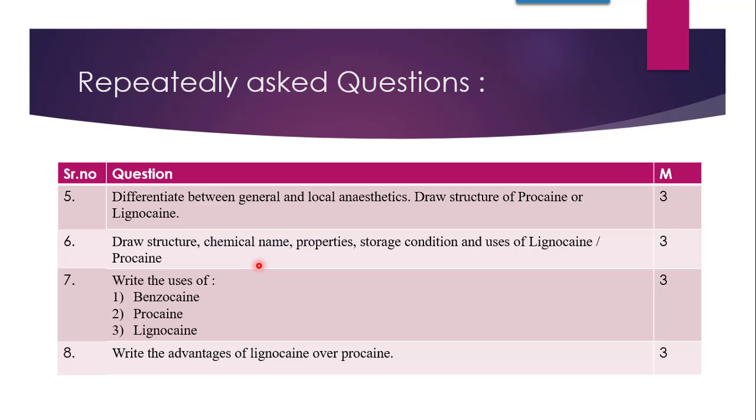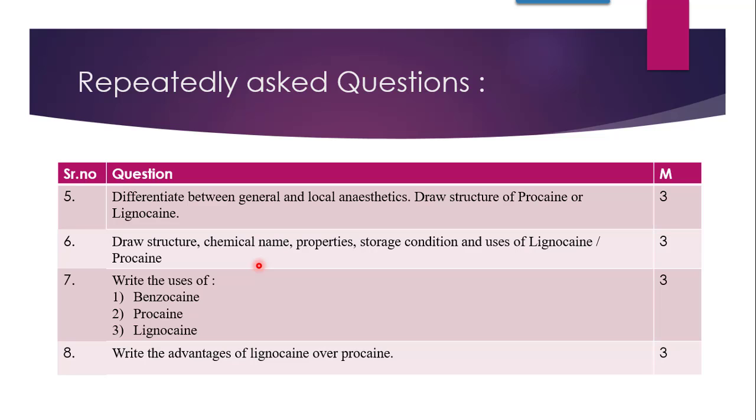So, either lignocaine or procaine, you are supposed to first draw the structure. Then you write down the chemical name, which we have studied earlier in question number 4. Then properties, storage conditions and uses. This question will carry 3 marks. In all, 5 points are there and marks are 3.